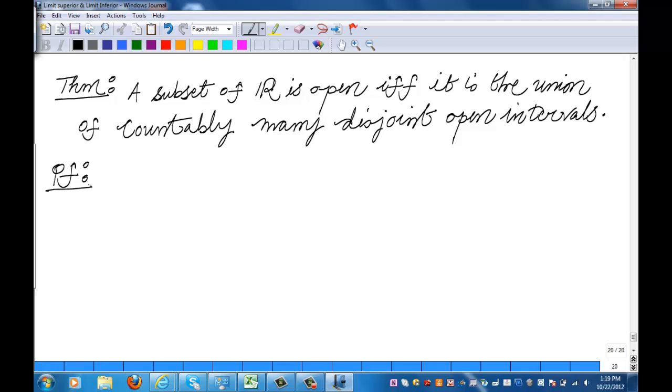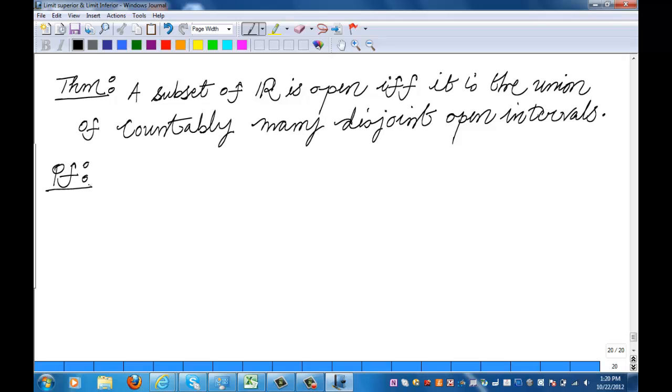One way we already know. Remember last time I said the union of any collection of open sets is open. Now open intervals are open sets, right?